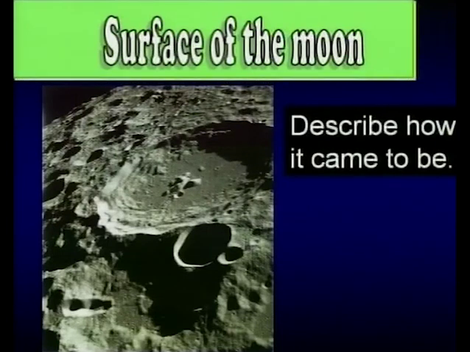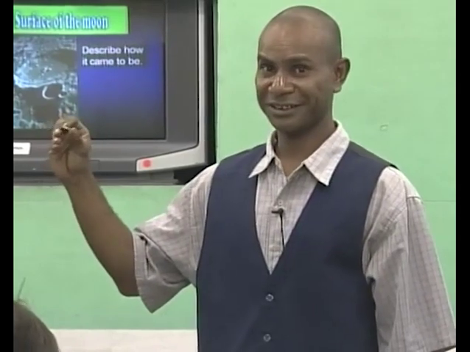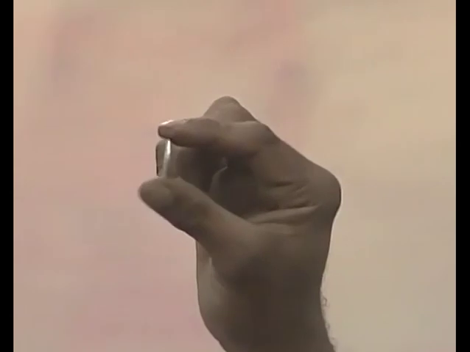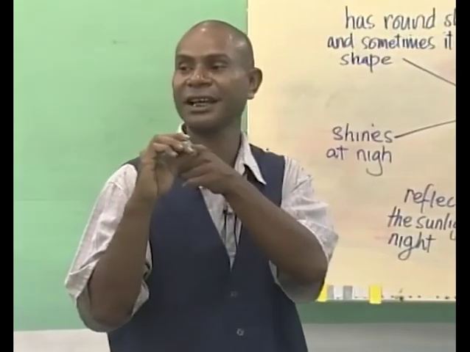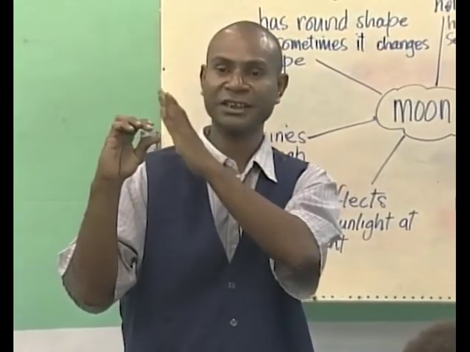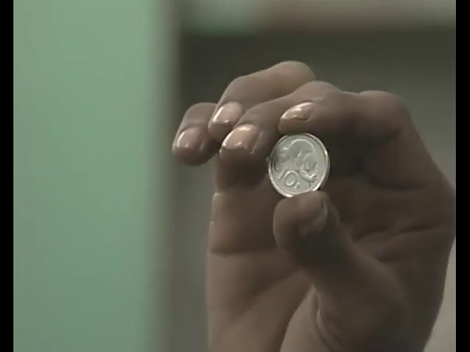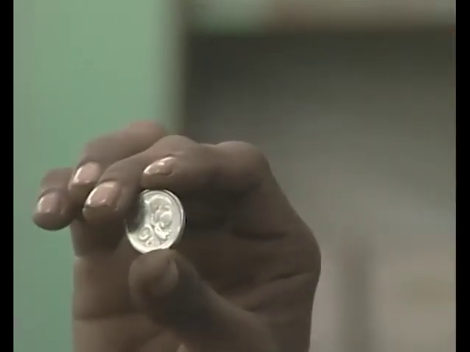So for example, if this is the moon, you only see the front part of this moon, not the back side. That is the same part that we see every time it shines at night.